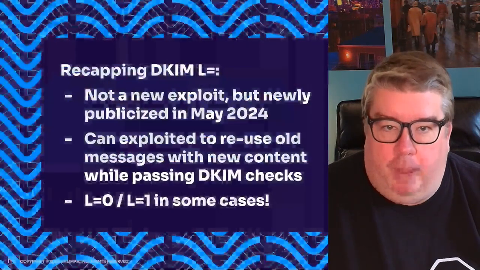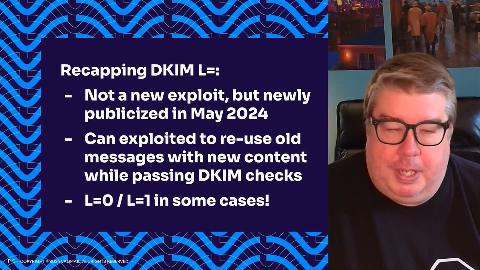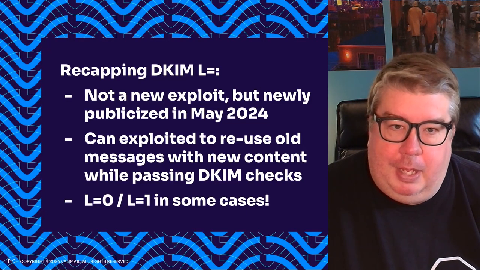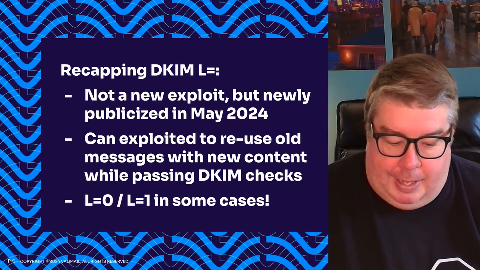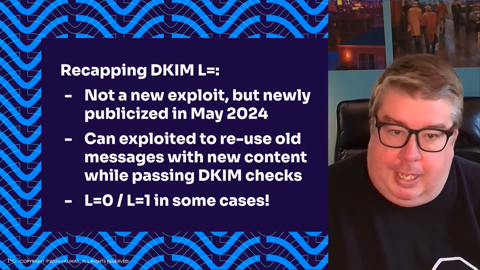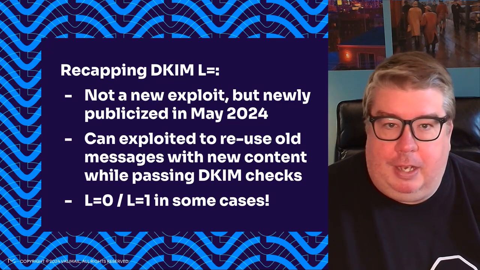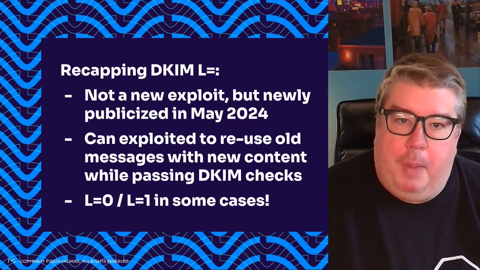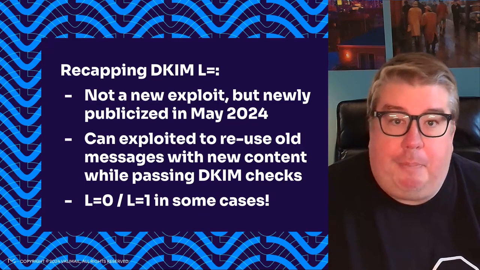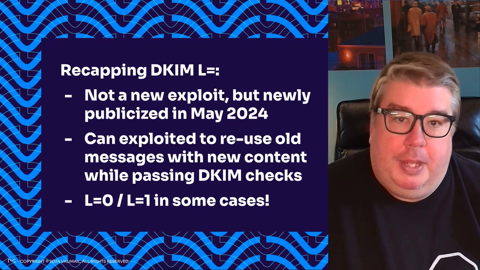Now, if you don't remember, just about 2 months ago, Estonian security researchers publicized a long-standing but little-known vulnerability for DKIM email authentication that would allow bad guys to pick up an existing message sent by a good sender, or any sender with a DKIM signature with this L tag in place in the DKIM signature settings, and let them modify bits of the body content, re-inject that message into the mail stream, and have it pass DKIM authentication checks and thus pass DMARC with the domain of the original sender.